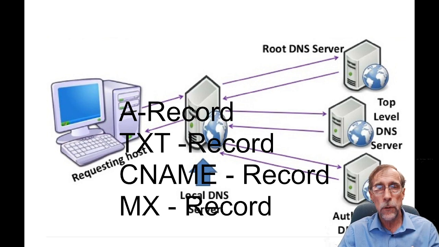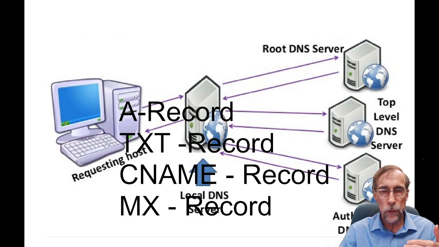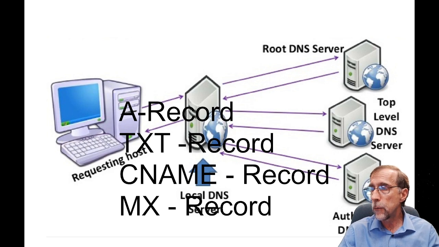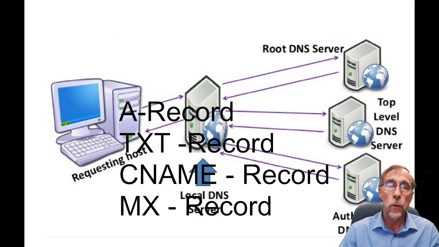Now, of course, I'm not going to bring up the page of where you edit this, because the page will differ whether it's my service provider, yours, or some other. It looks different. It's not going to be helpful at all. But what is helpful and what is general, no matter which service provider you're at, is there's an A record, a text record, a CNAME record, and an MX record.